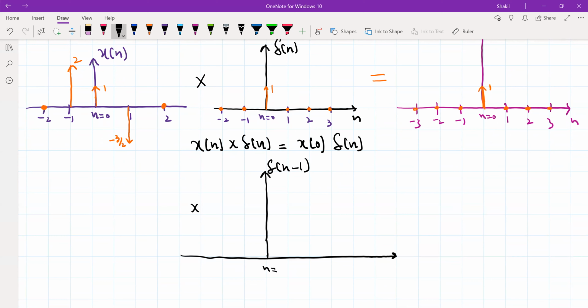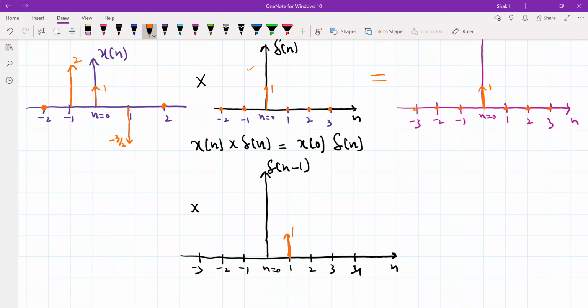This is the 0 point, n equal to 1, 2, 3, 4, and so on, and minus 1, minus 2, minus 3. Delta n minus 1 means give a shift of one sample to delta n, so this signal will be simply this.